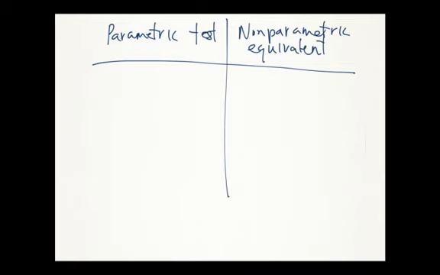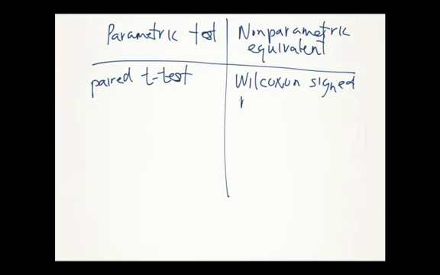Okay, so we had the paired t-test. Remember, the paired t-test is for matched controls and things like that. So when we were in the paired situation, we had the paired t-test, and the non-parametric equivalent was the Wilcoxon signed rank test.